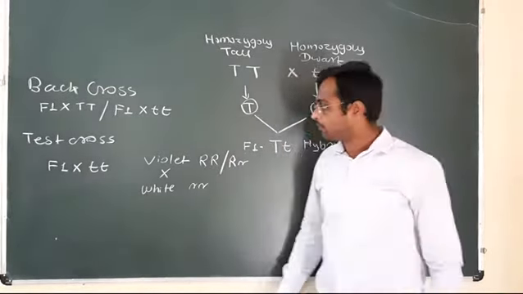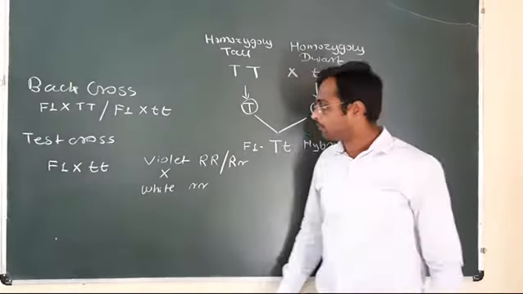And when the heterozygous violet colored plant is crossed with this recessive plant, then the ratio is 1:1, that is 50% violet and 50% white. Here, the appearance of white indicates the plant is of heterozygous type.